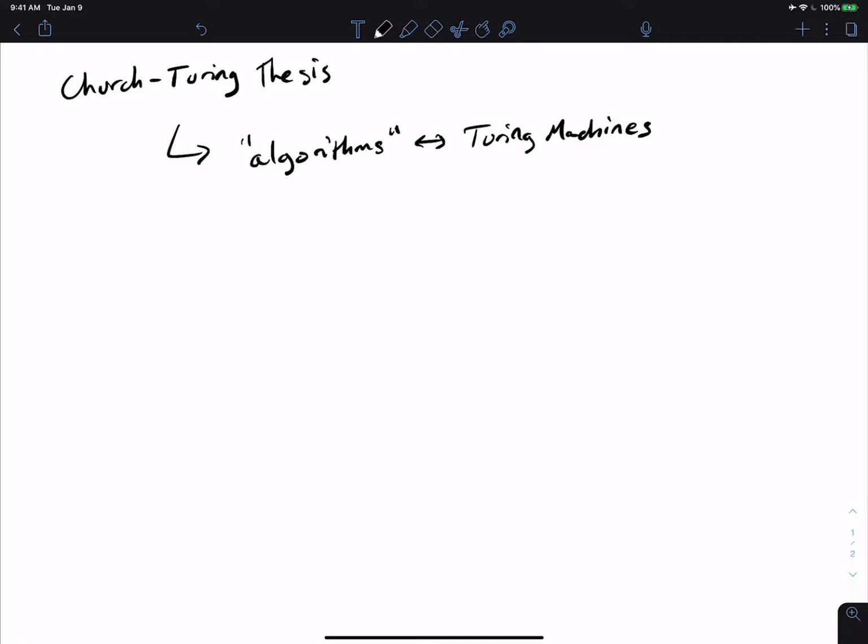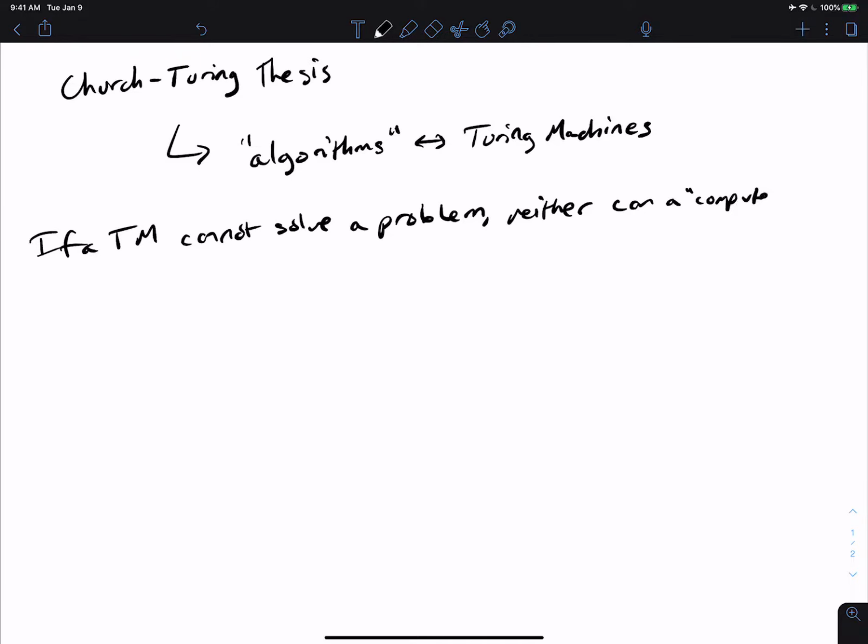And for that reason, we can note here that if a Turing machine cannot solve a problem, then neither can a computer. I don't have a precise definition of what a computer is, but our intuitive idea of what a computer is.